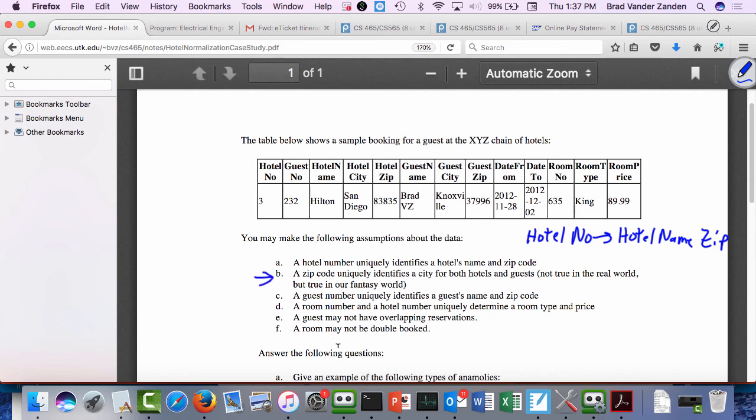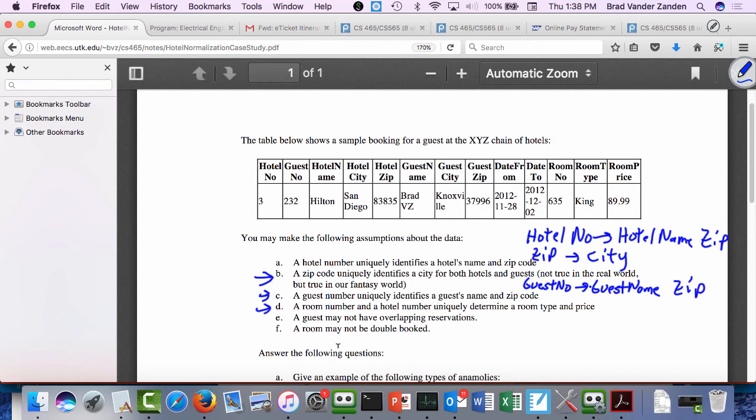And B has zip code, which I'll just abbreviate as zip, uniquely determines city. C says a guest number uniquely determines a guest name and a zip code. So a guest number uniquely determines a guest name and a zip code.